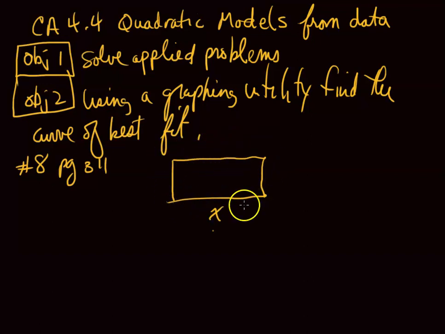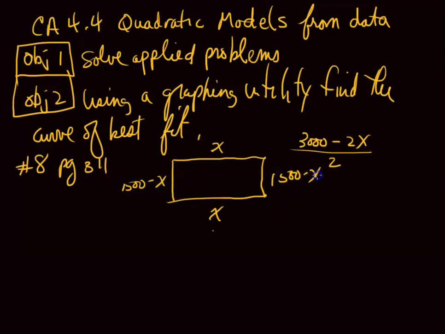If you have 3,000 feet, then both of these will be x of the rectangle, and the 3,000 minus 2x is what's left for these other sides. But you can't put 3,000 minus 2x on both sides. You have to put half of that, right? So each of these are 1,500 minus x. And that's how you express this rectangle.